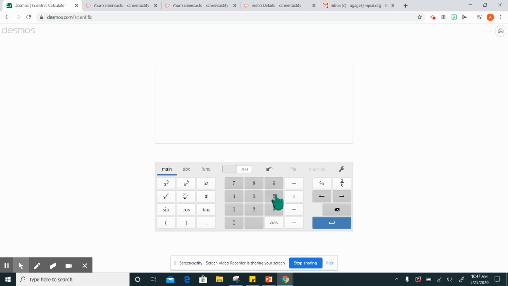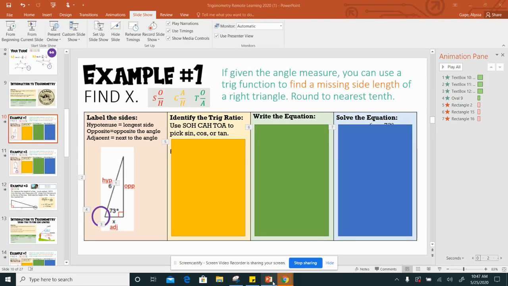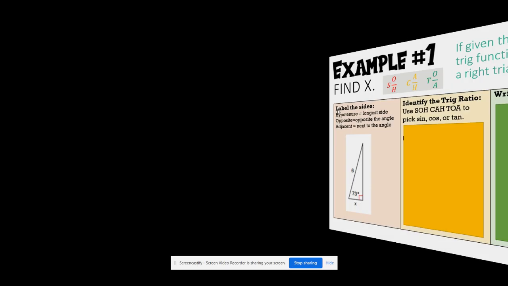So I'll type in 6 and then cosine of 73. And you can see right here, that's how you can use this calculator to figure out your value. So it said to round to the nearest tenth. That's why I did 1.8 on that one. Where were we? Right, this one.